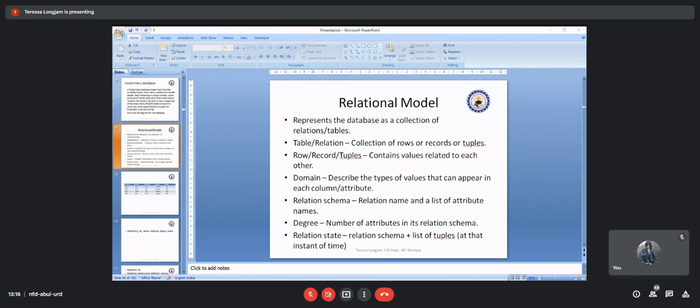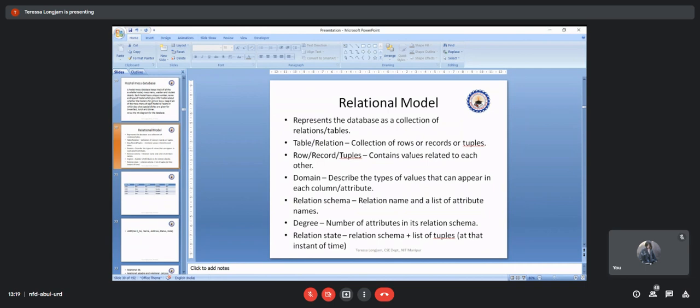So just remember that the relational model is a very popular model because it is able to represent every small detail about the database. Let us come to our model again, the relational model. So what is this relational model? It is used to represent the database as a collection of relations or tables. Here, tables are the tables that you know.